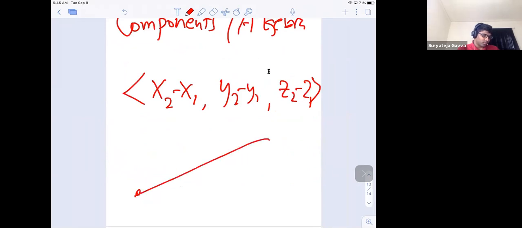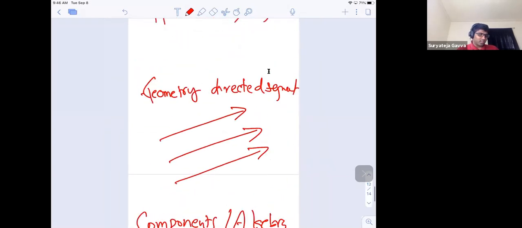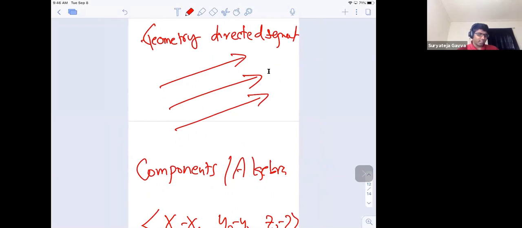If this is (x1, y1, z1) and this is (x2, y2, z2), the vector from the first point to the second, you subtract the coordinates, because with respect to the first point, the second point will have this much as the coordinates. So that's the basic geometric idea and the algebraic idea.